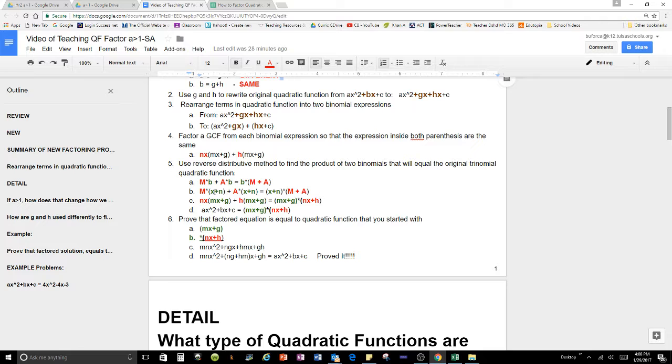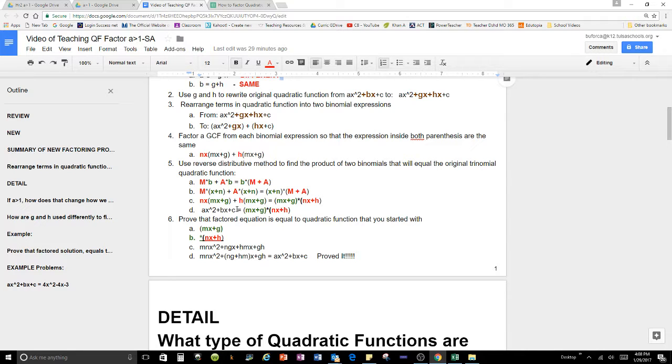So you see that the reverse distributive process works whether you have a single term that's distributed across m and a, or if you have a larger term like a binomial term that's multiplied across m and a. What we can do is we can pull x plus n out of m and a and multiply it times m plus a.